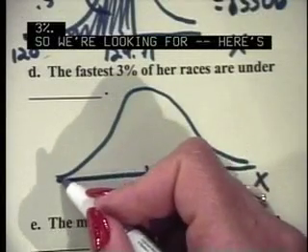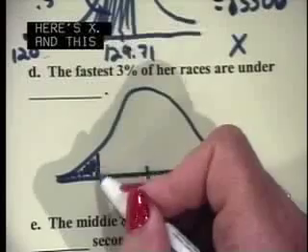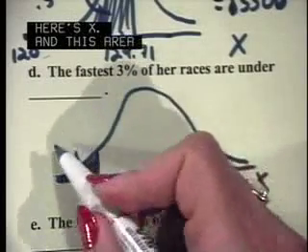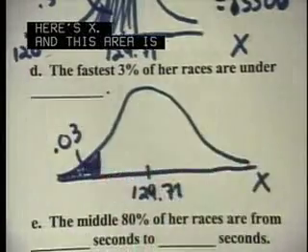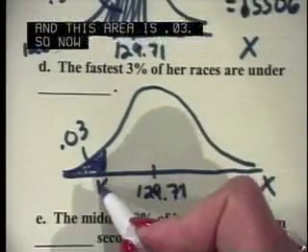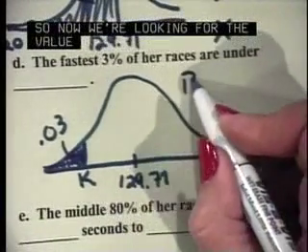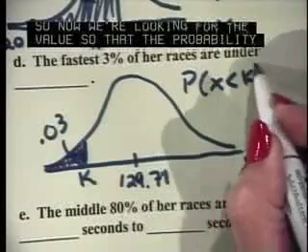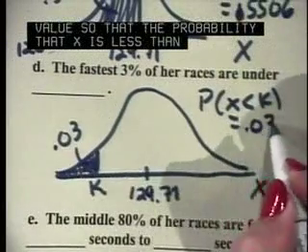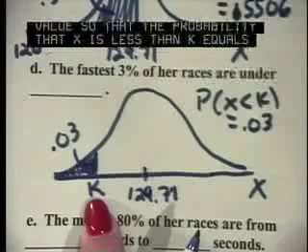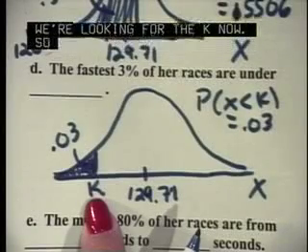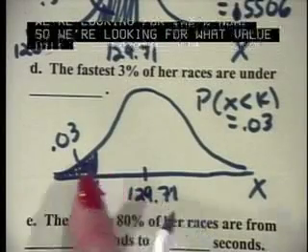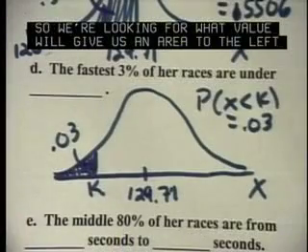And this area is 0.03. So now we're looking for the value so that the probability that x is less than k equals 0.03. We're looking for the k now. So we're looking for what value will give us an area to the left of it of 0.03.